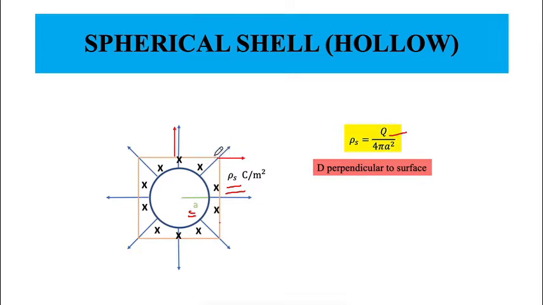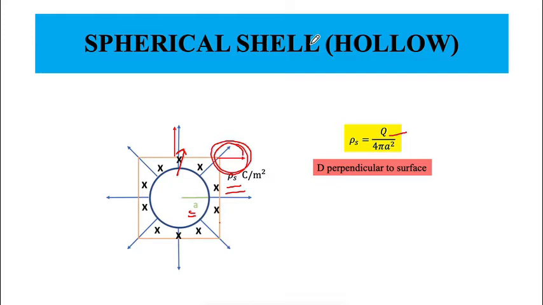The field would be directed radially away, but instead of choosing such a spherical surface, I will choose a rectangular surface. Now what happened? This part of the D field, which is of course originating from the cell, is not perpendicular to the surface area, right?